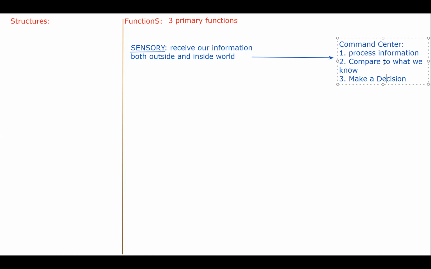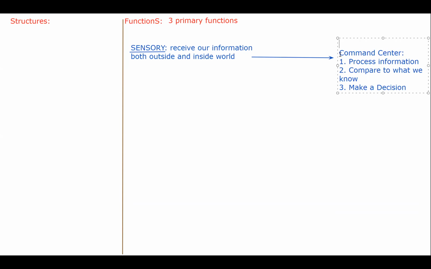Okay, excellent. So our goal, again, of this command center is to process the information. And again, remember, command center is what we called it when we were talking about homeostasis. But really, this goal is kind of integration. We have this integration of information where we process this information and make sense of it.